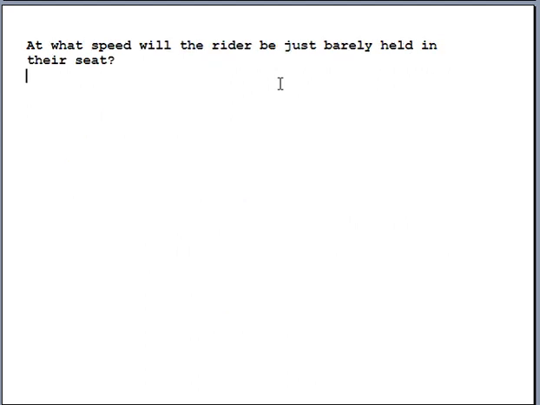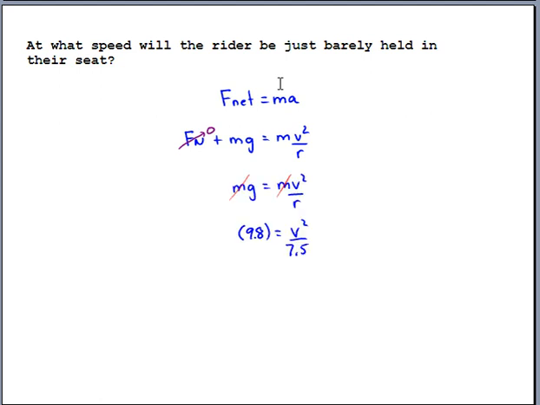Okay, last part here. At what speed will the rider be just barely held in their seat? Right? There's that same story again, right, where the Fn is 0. So normally, you'd be going Fn plus mg up at the top, but this time we're going to wipe out the Fn. And again, we can see that once the mass is gone, it's mass independent, you have gravity performing that acceleration for you.